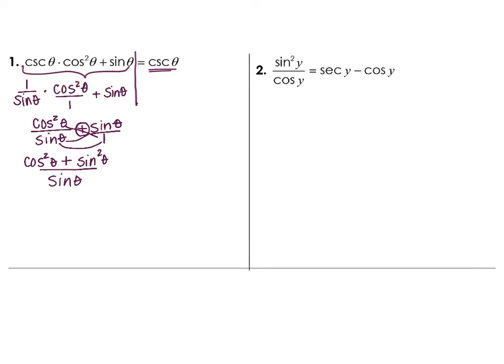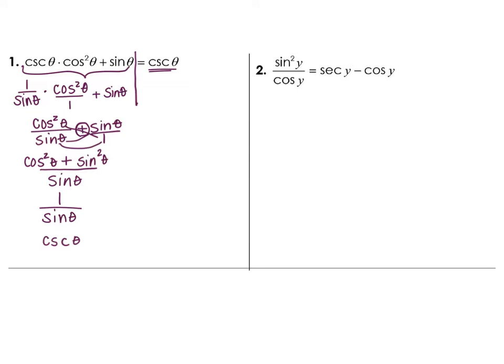And by now, we've been seeing cosine squared plus sine squared quite a bit. That's a Pythagorean identity that is equal to 1. And we're going to have 1 over sine theta. And notice that 1 over sine theta is cosecant theta, which is what we have over on this other side. So we know we have proven that.